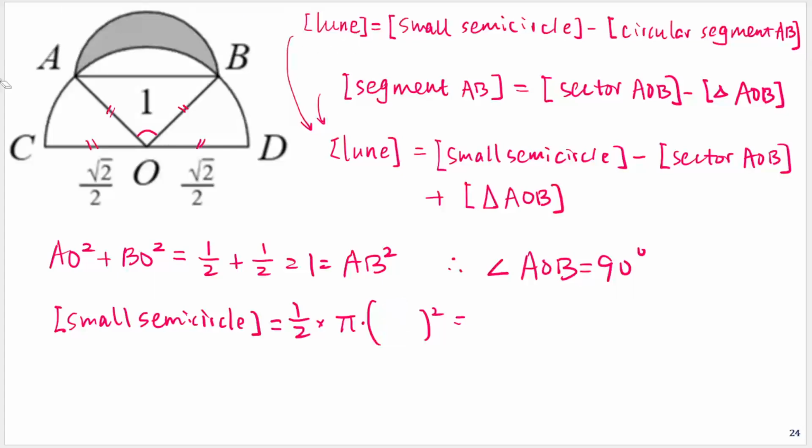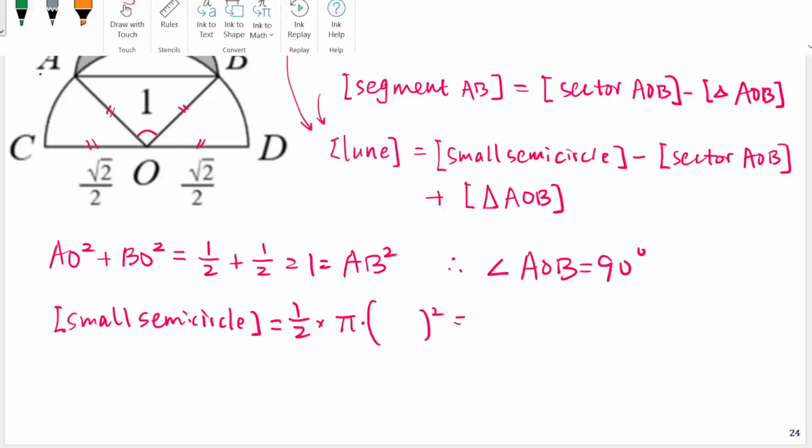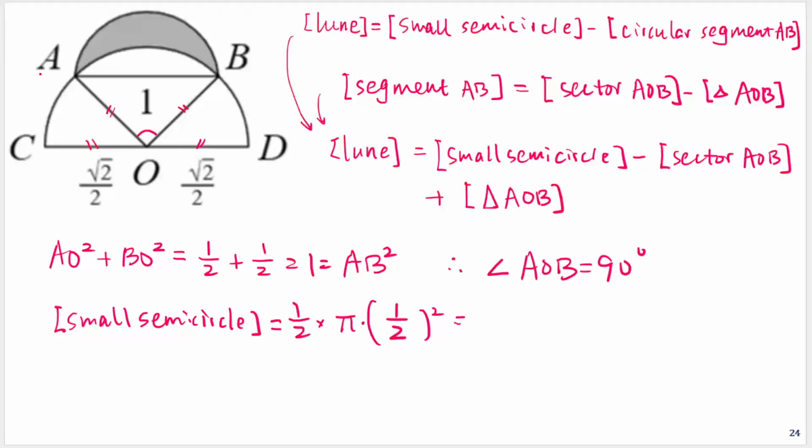The radius of that circle is 1/2, right? So that gives us 1/8 pi. Okay, this one is solved.